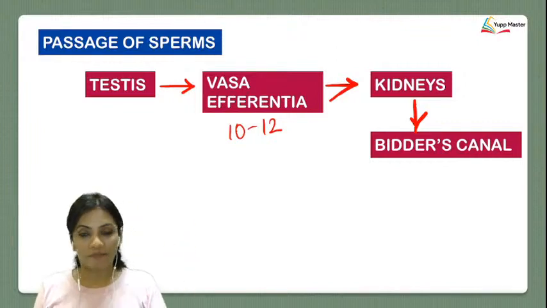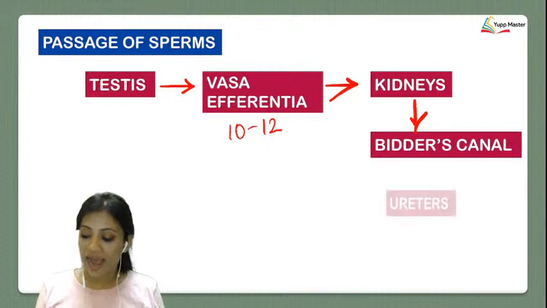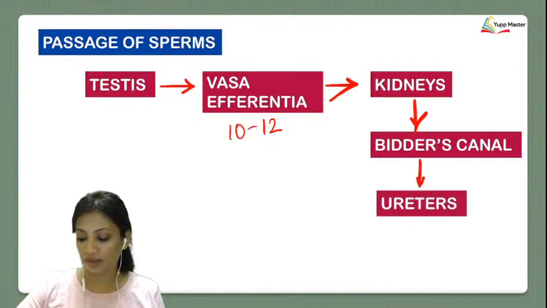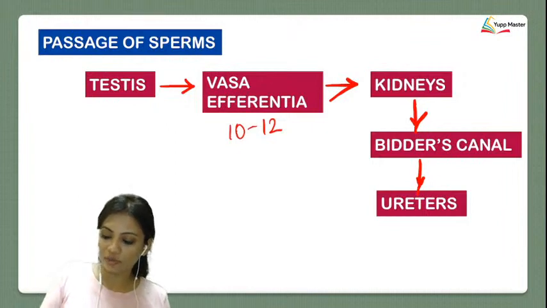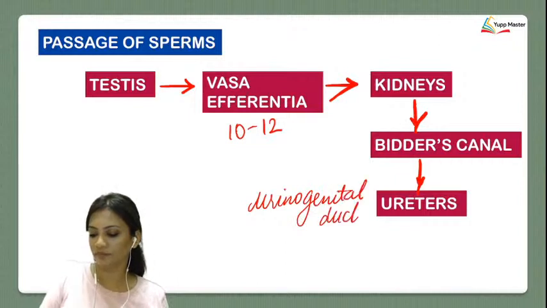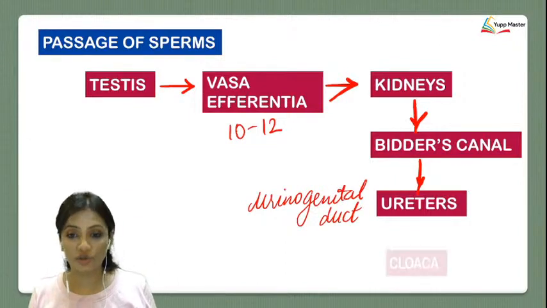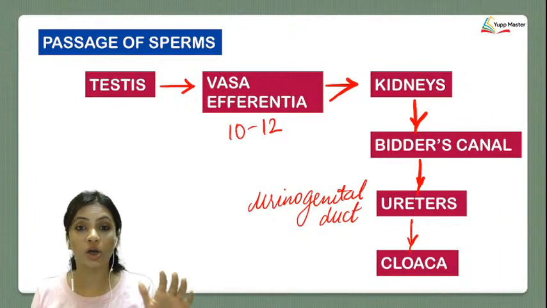So testes, vasa efferentia, kidneys, Bidder's canal, and then come the ureters. Remember, in the male frog, the ureters can also be called the urinogenital duct. And finally, after the ureters would come the cloaca.